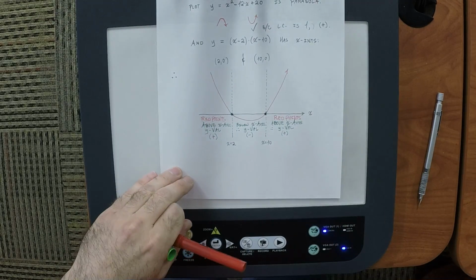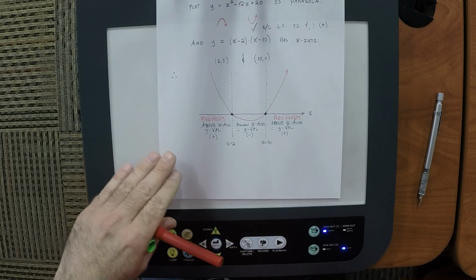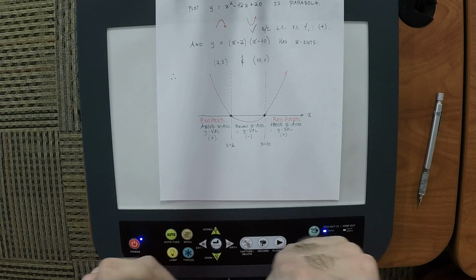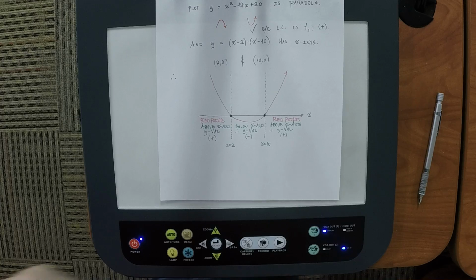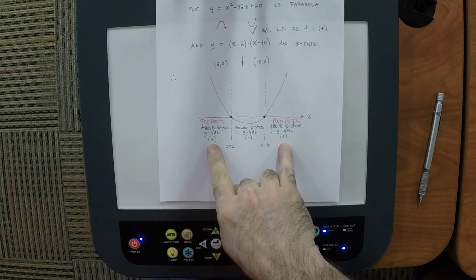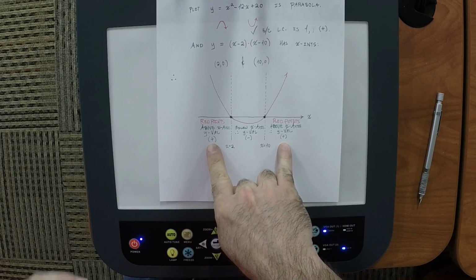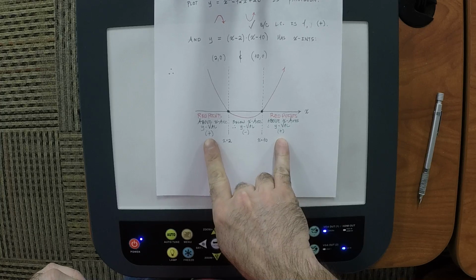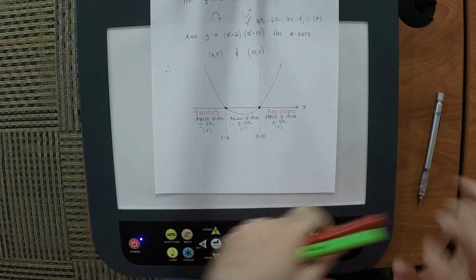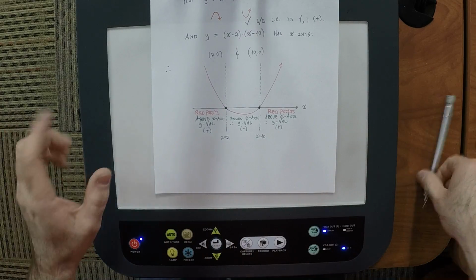Now, if it wasn't obvious, I hope I'll connect the 2 dots here and say, do you observe that's exactly the sign chart from the previous exercise? It's not a coincidence, okay?